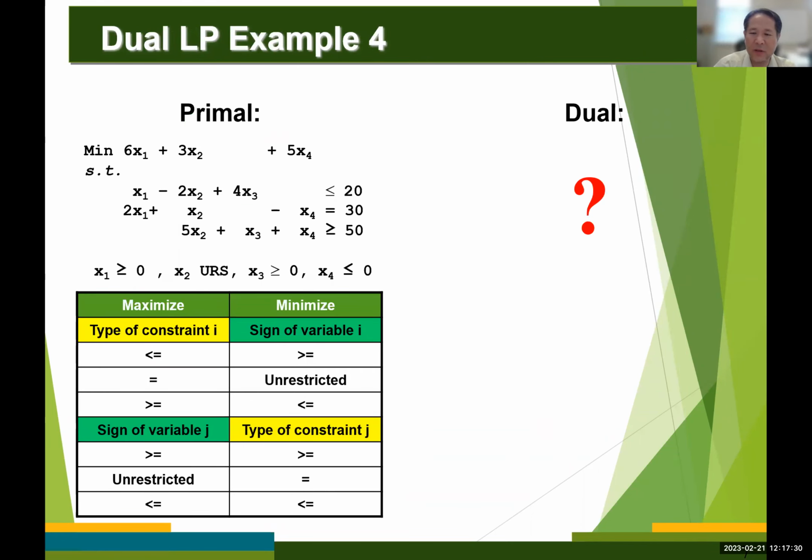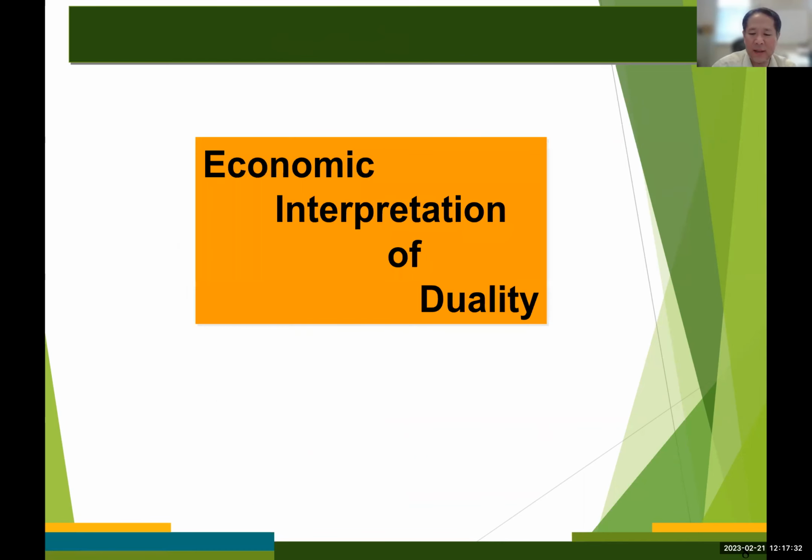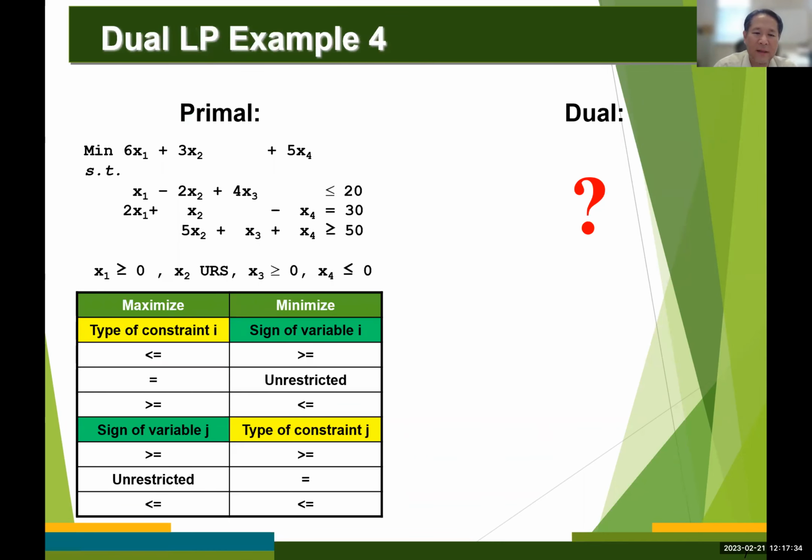So before we talk about the economic interpretation of duality, let's consider one more example. So this is the given primal LP problem. And given this primal LP, let's discuss how we could construct the dual LP.